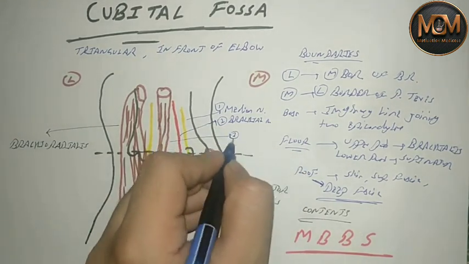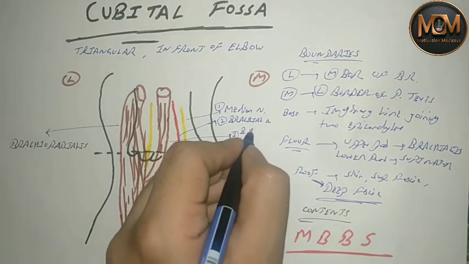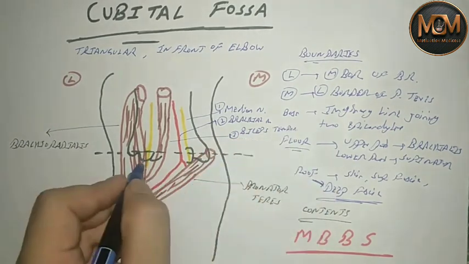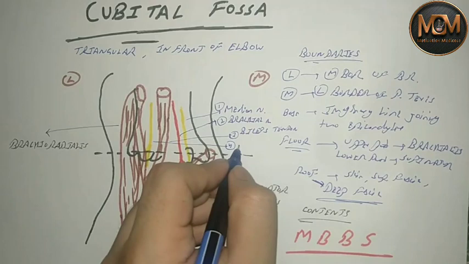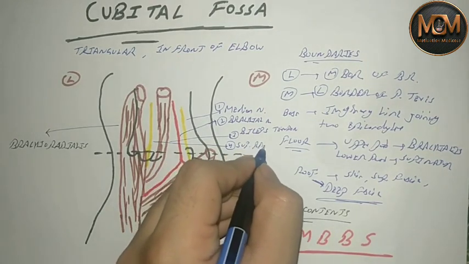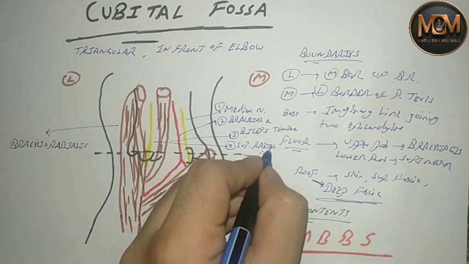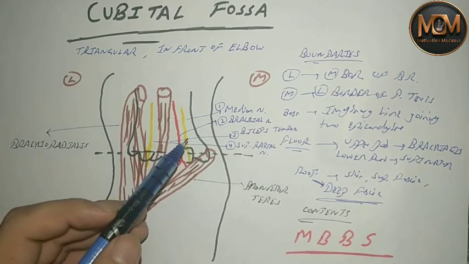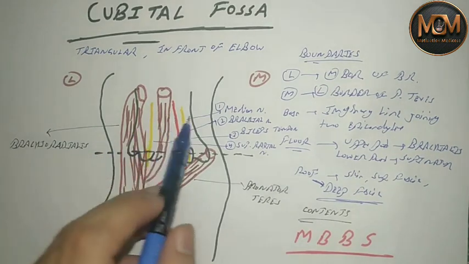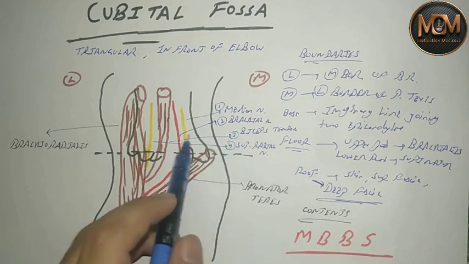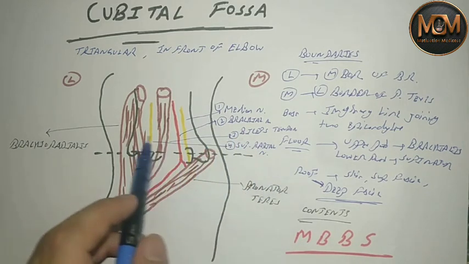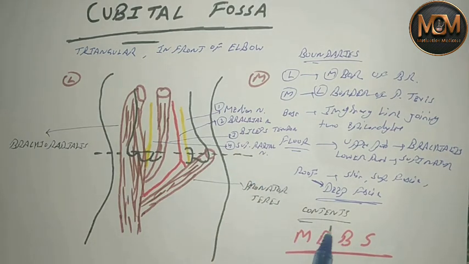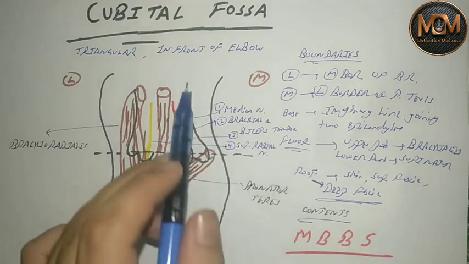From another B, biceps tendon. And from S, superficial radial nerve. So these are all the contents of the cubital fossa. You just have to remember MBBS for the contents of cubital fossa.